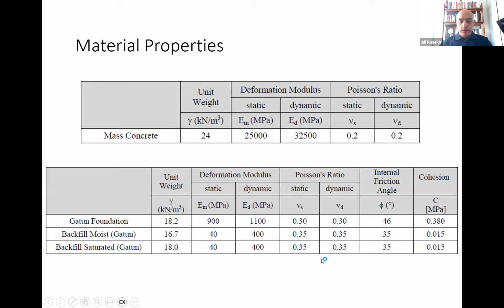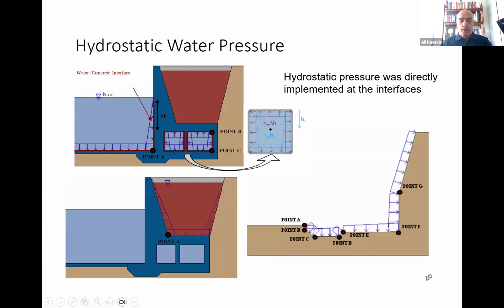Explanation of material properties: we always like to present them in presentations and reports, based on what we receive from lab tests or excavations and borings for geotechnical models. And we applied hydrostatic water pressure directly. Again, there is a strategy used to account for water.